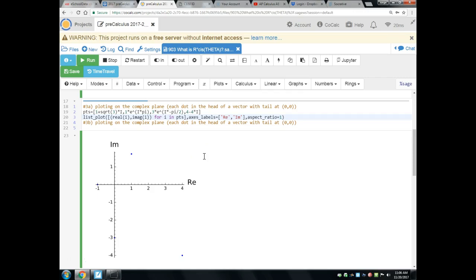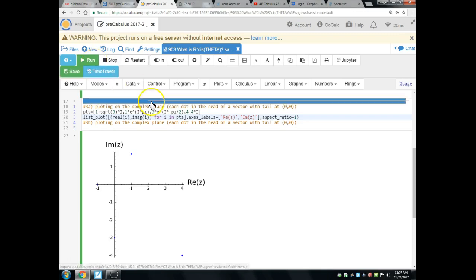If you want to get a little more fancy, you could say of z. We usually say z equals 1 plus root 3 i or something like that, right? So of z. Can I do that? Let's see. There you go. That's fine. Leave it like that.